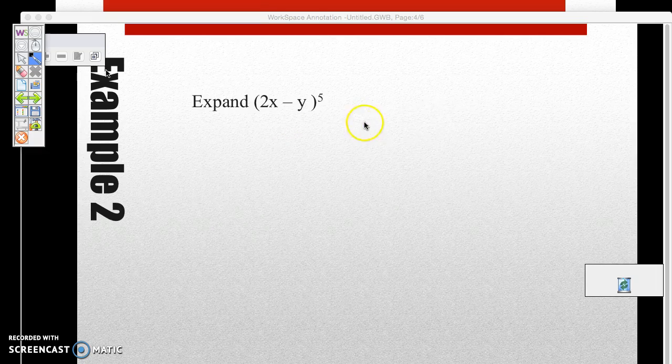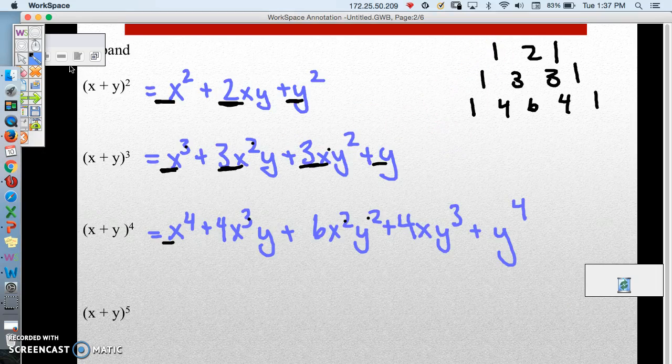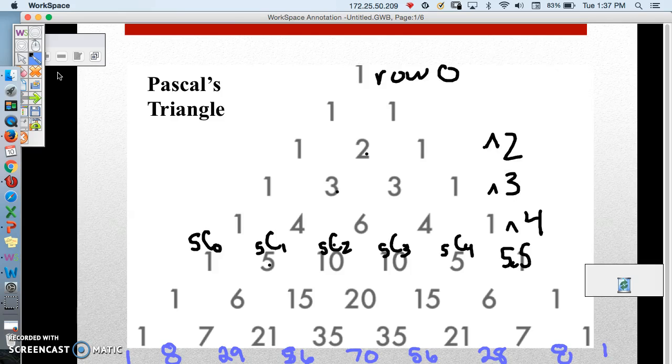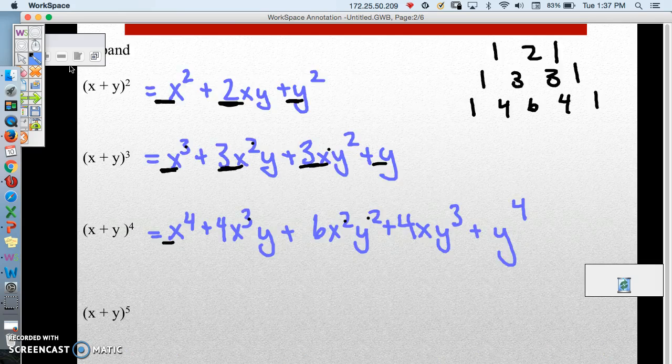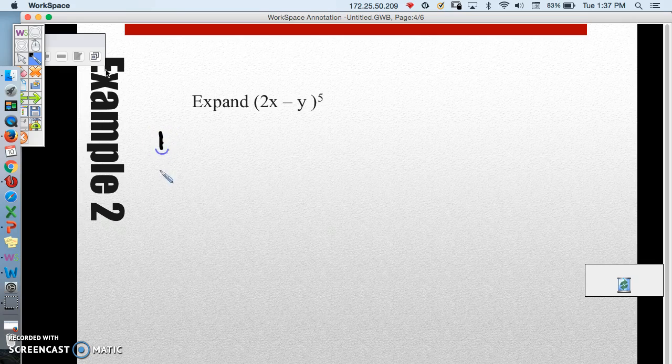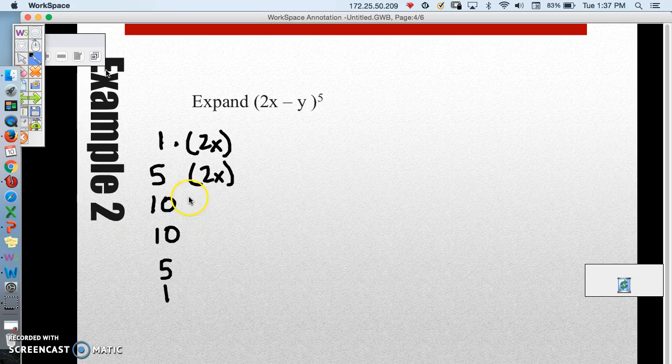So this next one, what row are we looking at? We're looking at the 5th. So we can go down here and see the 5th. 1, 5, 10, 10, 5, 1. Times, we're going to have this 2x.